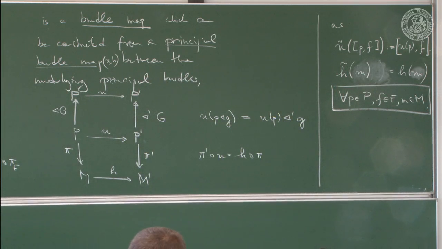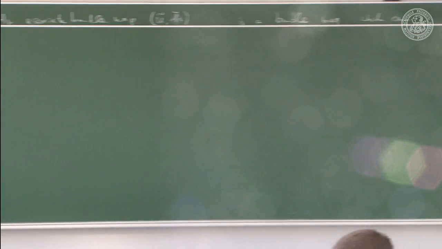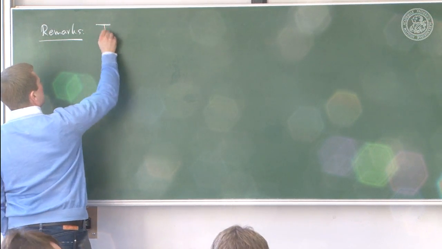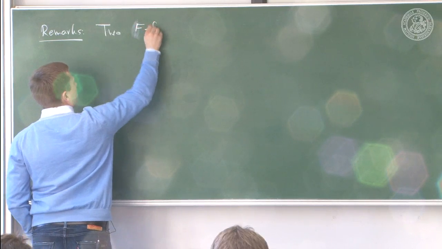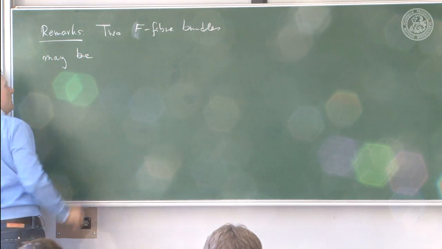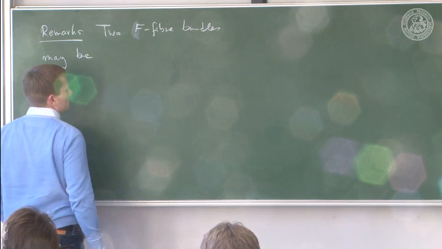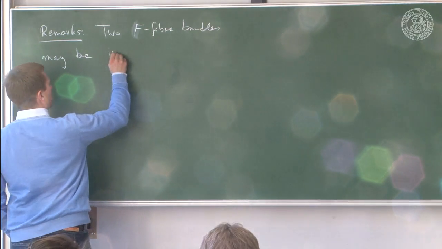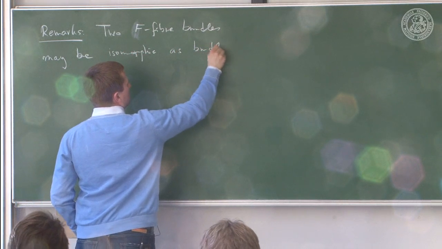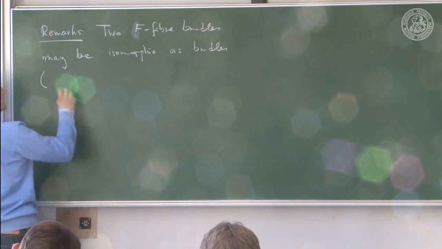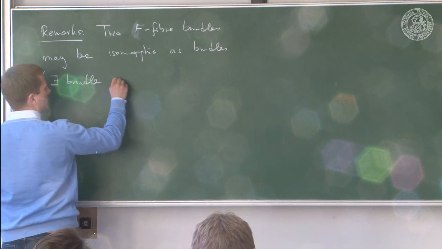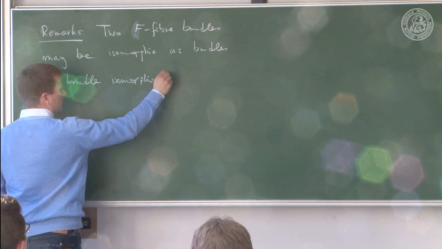Another question? Good. So remarks. Two F fiber bundles may, let's say, maybe be isomorphic as bundles, which means, recall, there exists a bundle isomorphism between them.